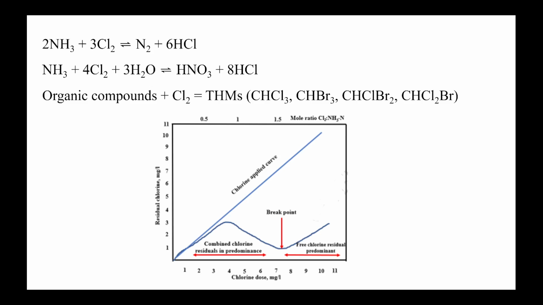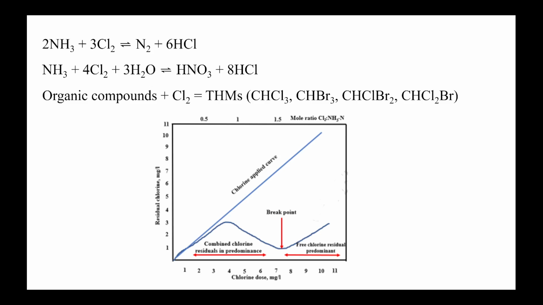I told you about the chlorine demand, right? Whenever we add chlorine, some amount will be completely used to react with all the organic compounds, and then there will be some chlorine left.